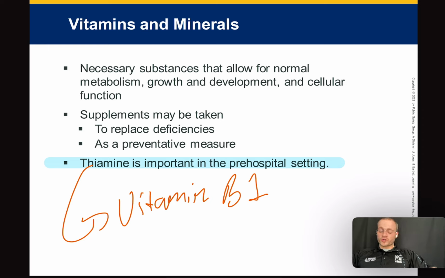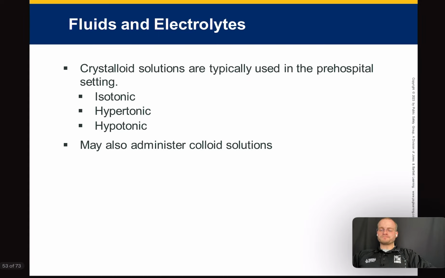There's a condition called Wernicke-Korsakoff syndrome, where someone's malnourished, and if we were to administer glucose, they could have cerebral edema and long-term neurological effects that affect their memory. We talked about this, by the way. So we give thiamine, which is also known as vitamin B1.